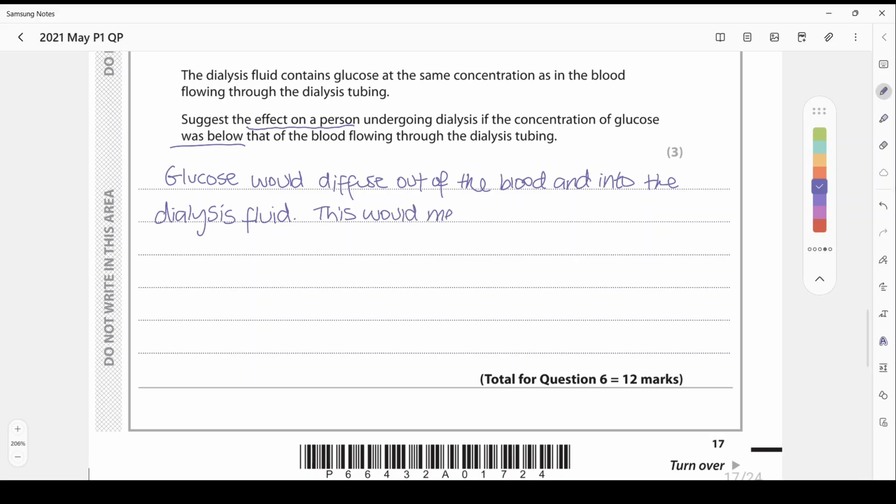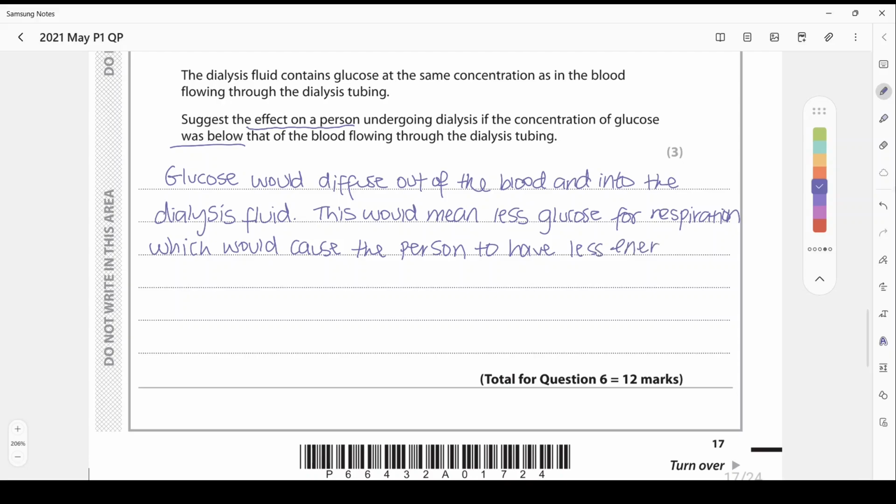This would mean less glucose for respiration, which would cause the person to have less energy.